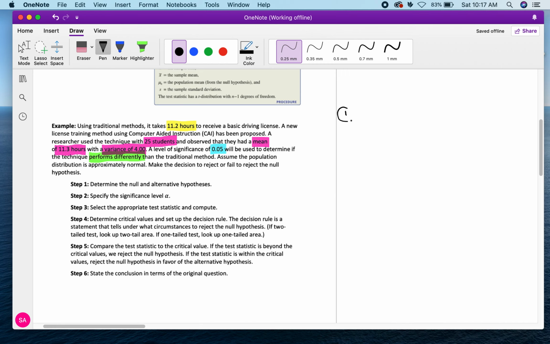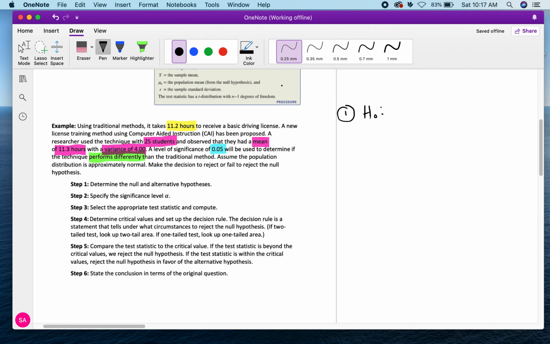So step 1. The null hypothesis. So remember, the null hypothesis is what we assume to be true. So generally, it's if a product is designed to perform in a certain way, or if you read the very first sentence of this problem, they say using traditional methods, it takes 11.2 hours to receive a basic driving license.